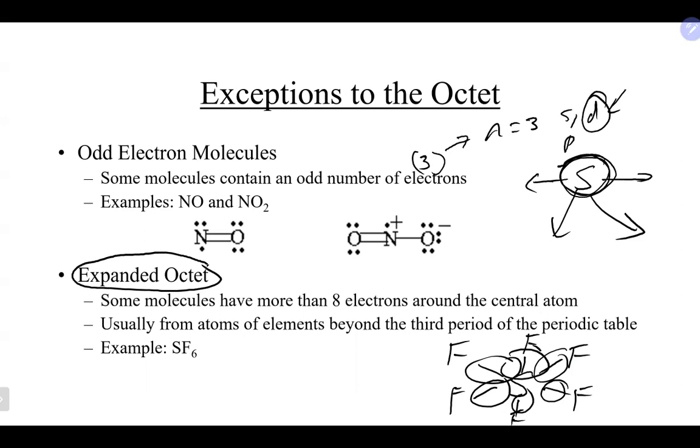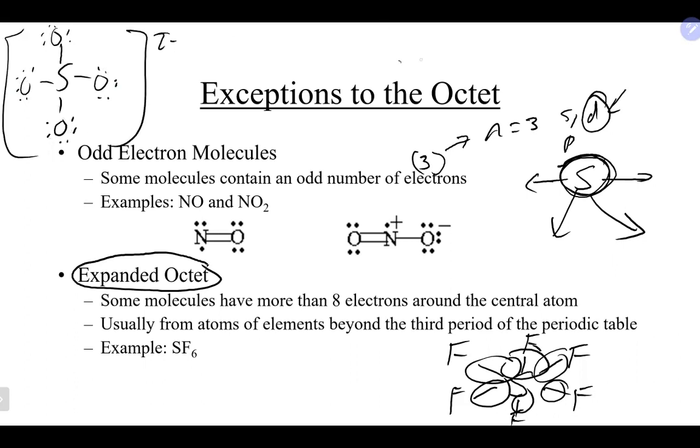It is also why when you Google something like sulfate, which if you follow our steps will lead you to this structure, you might see a double bonded structure happening with sulfate.